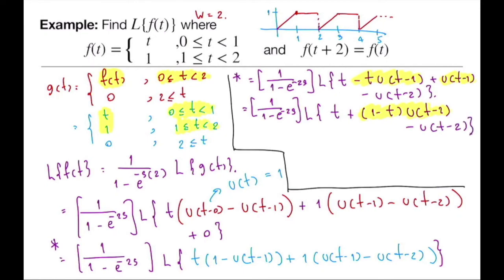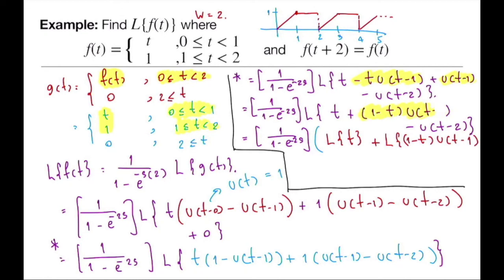So here it becomes 1 over 1 minus e to the minus 2s, and we have the Laplace transform of t plus the Laplace transform of 1 minus t u(t minus 1). Okay guys, this is 1.